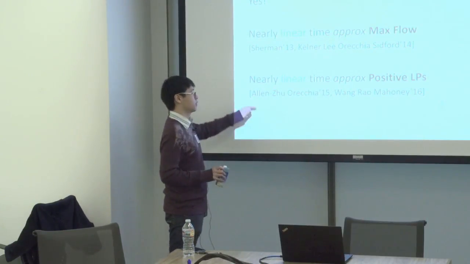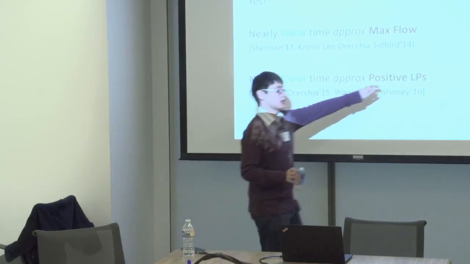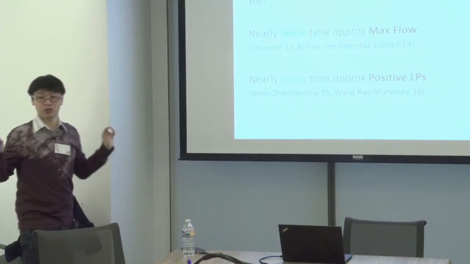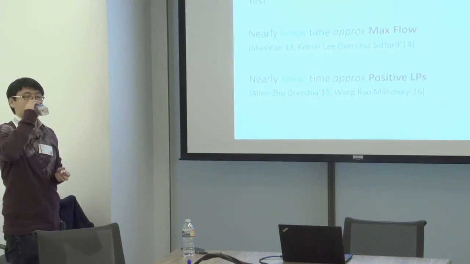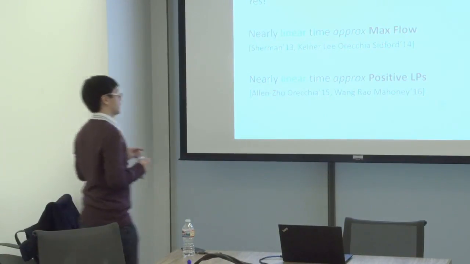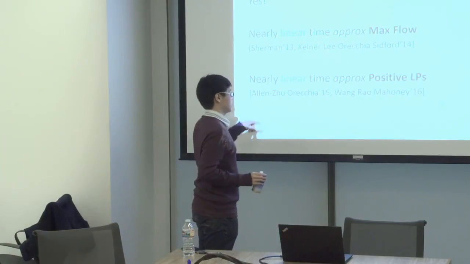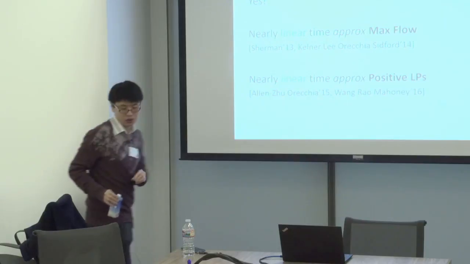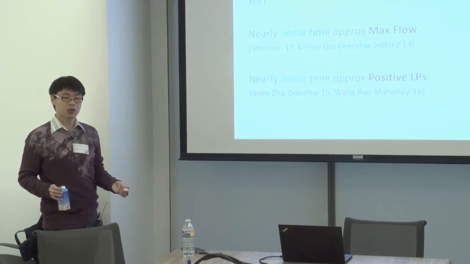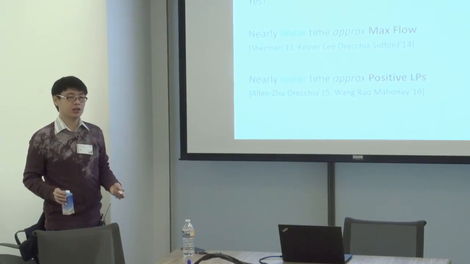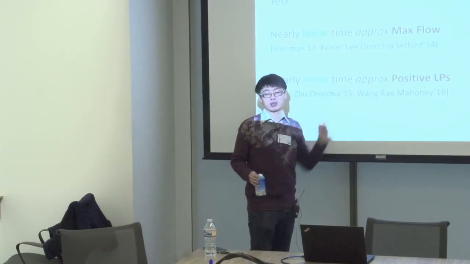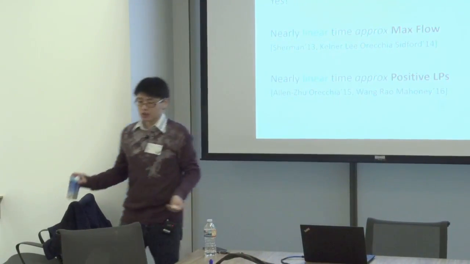And the second example is about positive LPs, so LPs with basically only non-negative coefficients. Zhu and Orecchia, and in follow-up work by Allen-Zhu, Satish and Mahoney, show that for these kinds of problems, you can also get a linear time algorithm at the expense of approximation.